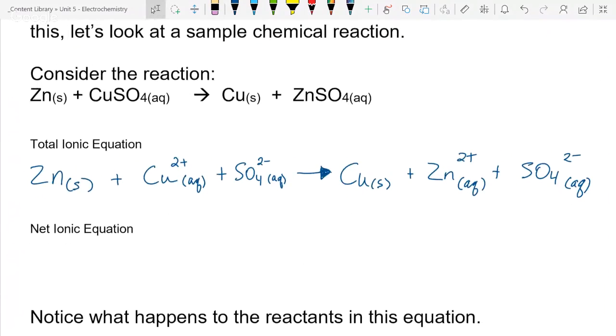What that total ionic equation means is it tells us in aqueous solution what's actually going on here. Because remember, when something is aqueous, if it is ionic, it dissociates, it breaks into its various ionic parts. Do covalent compounds break apart?